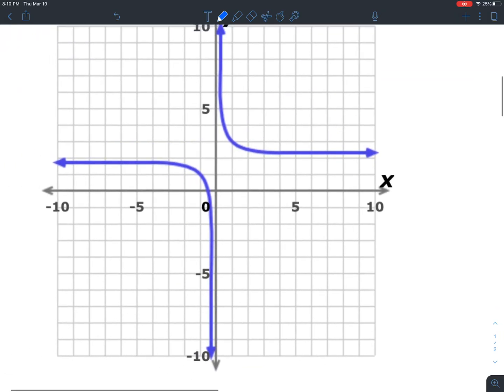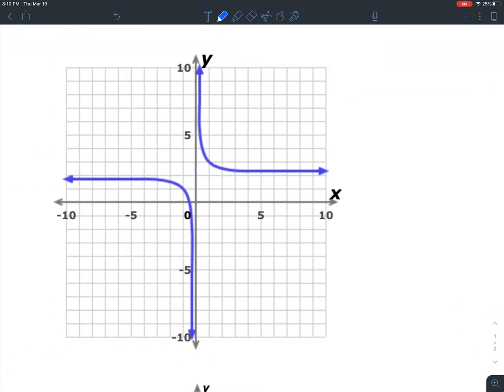If we look at this graph right here, our vertical asymptote is at 0, and our horizontal asymptote is at 2. Let's shorten vertical asymptote to VA.